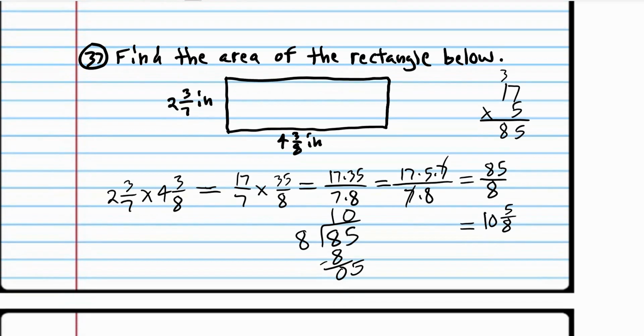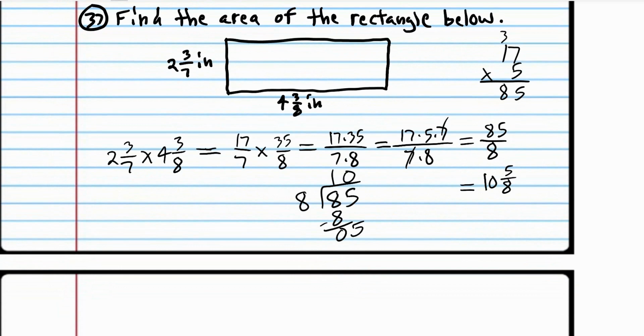All right, so 10 and 5/8, but we have to write inches squared. These are square inches. We're counting squares. That's area. Area is two-dimensional. It's not one-dimensional. Perimeter is one-dimensional. These should be squares, not rectangles. I'm drawing rectangles. But you get the point. We're adding up the two-dimensional area. So when you multiply these two, you get square inches.